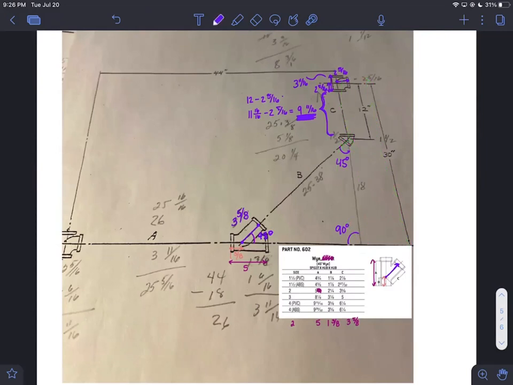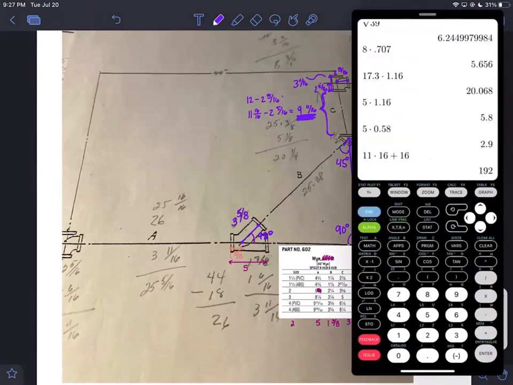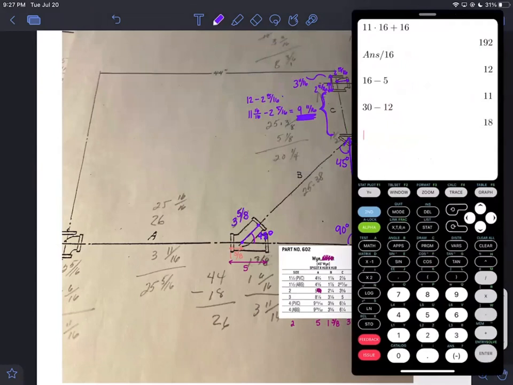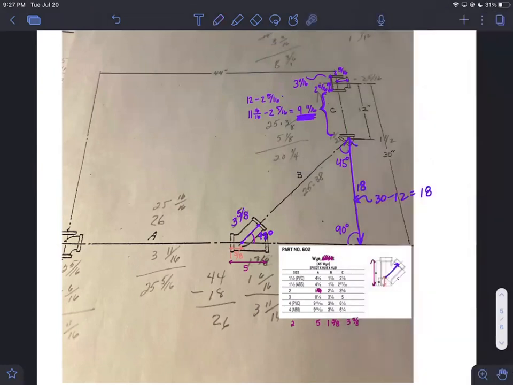So this distance right here is 30 minus 12, which gives me 18. So this is correct. Okay, so 30 minus 12 gets me 18.